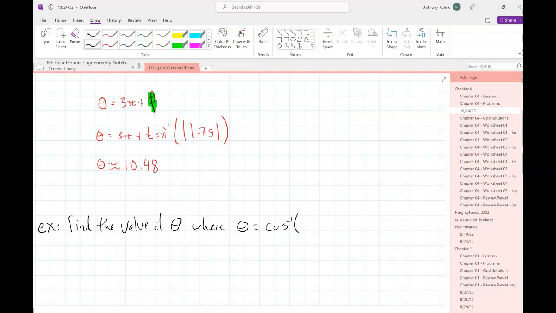Cosine inverse equals negative 0.81, and let's see, we'll go from 5 pi to 6 pi. Actually, let's do 6 pi to 7 pi.